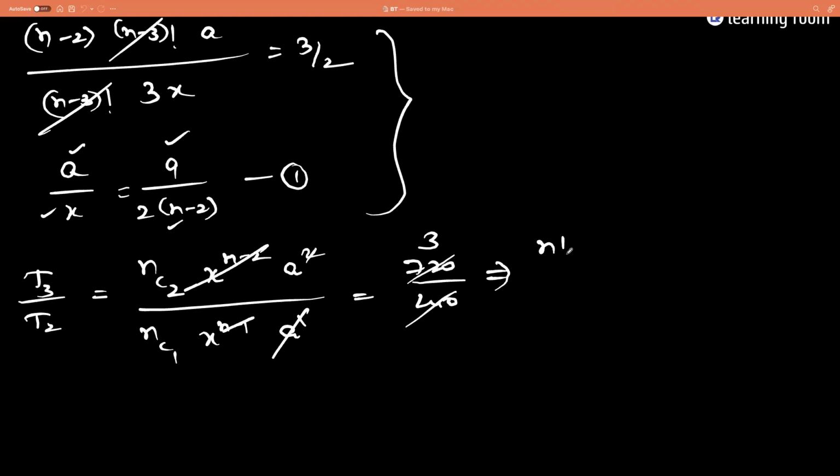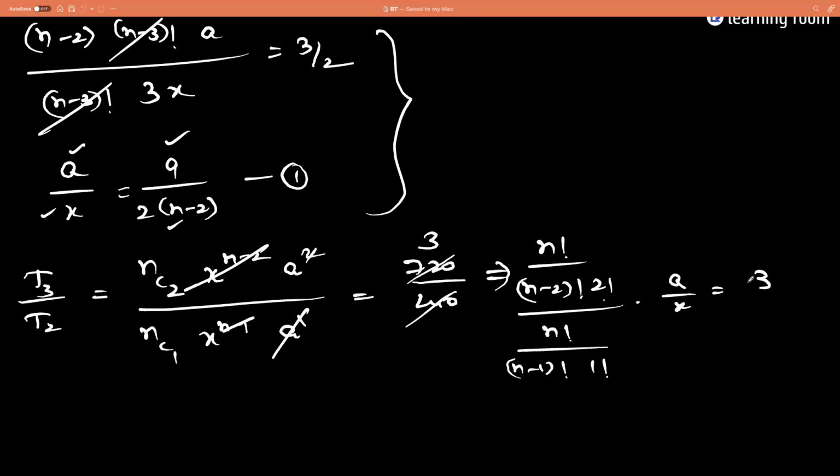So nC2 is n factorial by (n minus 2) factorial into 2 factorial, divided by n factorial by (n minus 1) factorial into 1 factorial, into a divided by x, is equal to 3. So n factorial and n factorial are gone. So (n minus 1) factorial divided by (n minus 2) factorial into 2 factorial, into a by x, is 3.